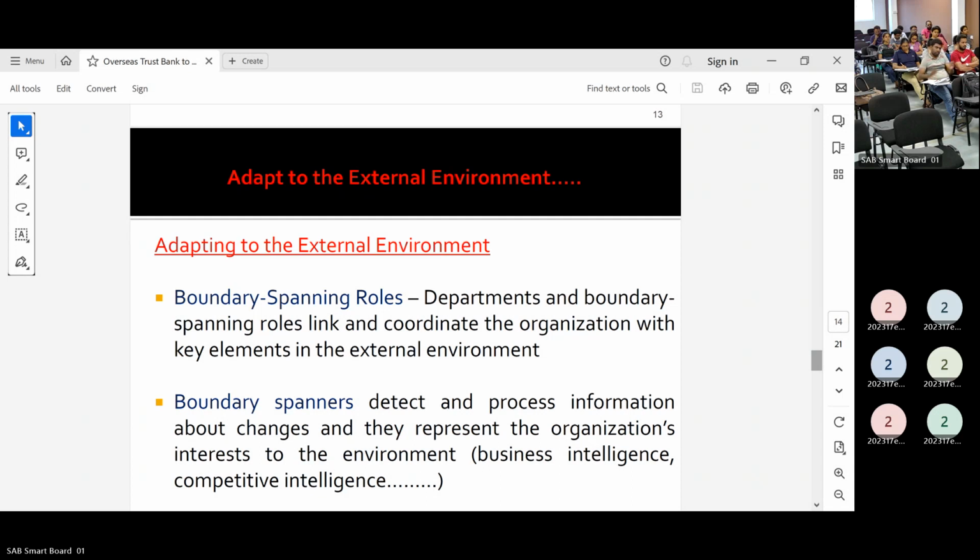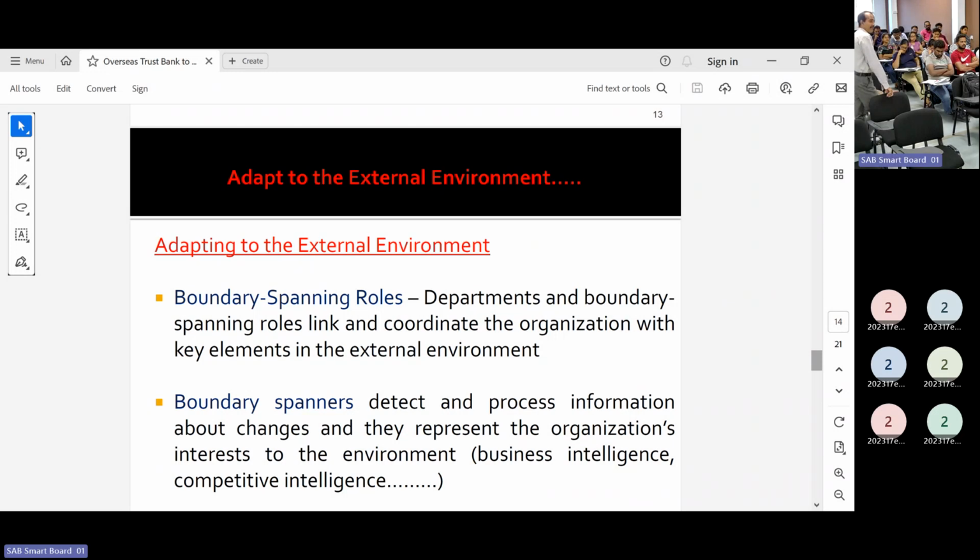Right. The slide communicates some strategies for the external environment also, to know who should be responsible for scanning the environment. Those are mentioned here. The people in the organization, not all actually, but selected ones, should be able to play boundary spanning roles.